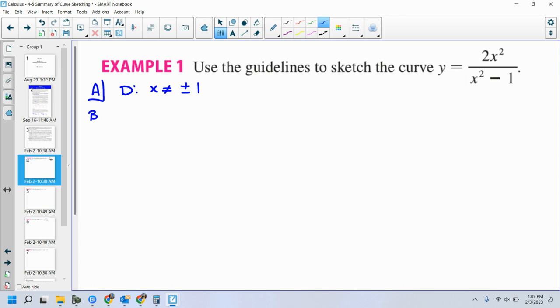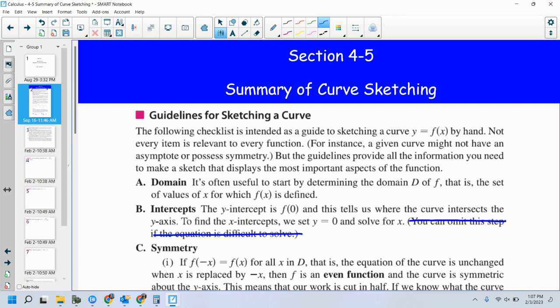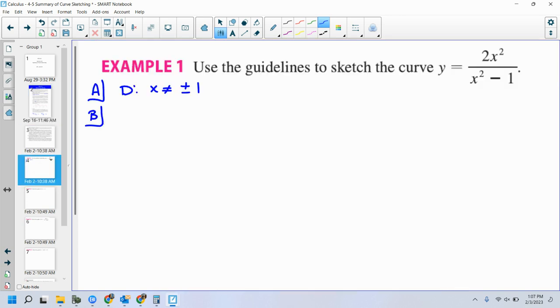Okay, part B says then find the intercepts. Now finding the y-intercept is super easy. Just plug in 0 for x. So here's my y-intercept. That would be 2 times 0 squared over 0 squared minus 1, so 0 over -1, so 0. My y-intercept is (0, 0).